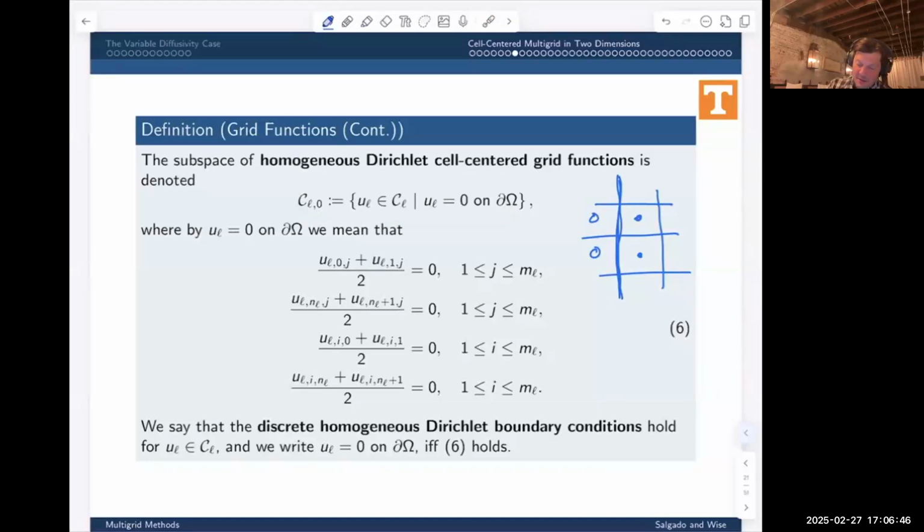So what we're saying is the values at these 2 points, if I take the average, is naturally going to be located here and here. All right, so the values of the average should be exactly equal to 0. That's a good way of mimicking what's going on with the homogeneous or Dirichlet boundary conditions.